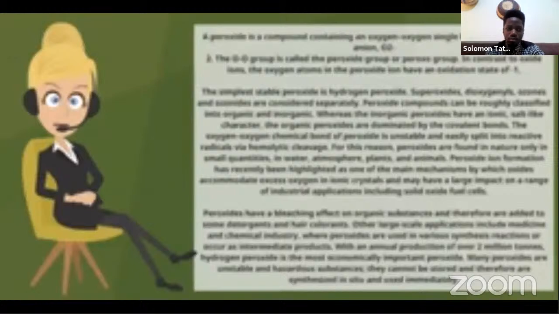Superoxides, dioxygenyls, ozones and ozonides are considered separately. Peroxide compounds can be roughly classified into organic and inorganic. Whereas the inorganic peroxides have an ionic, salt-like character, the organic peroxides are dominated by covalent bonds. The oxygen-oxygen chemical bond of peroxide is unstable and easily split into reactive radicals via homolytic cleavage.